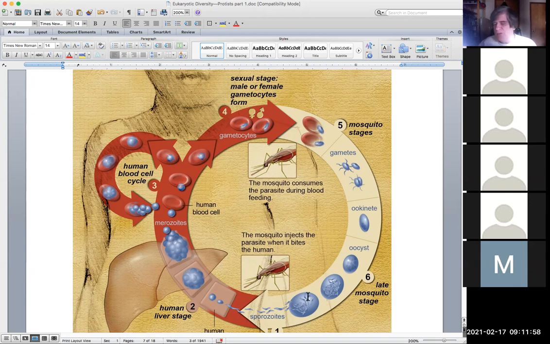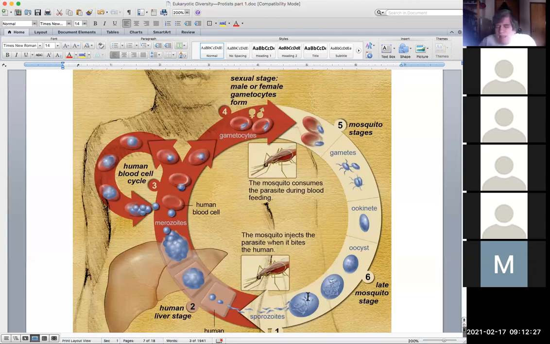And this is what we see for many parasites. They have one host where they cause problems, and they have another host that they don't really cause too much damage to. The mosquitoes that are carrying these oocysts or sporozoites, whatever stage they happen to be in, as far as we can tell, it doesn't hurt the mosquito at all. So the mosquito doesn't get any disease that's the equivalent of malaria.